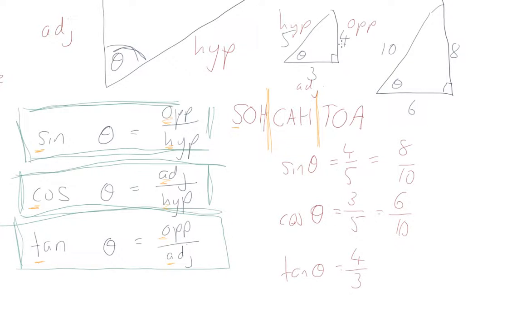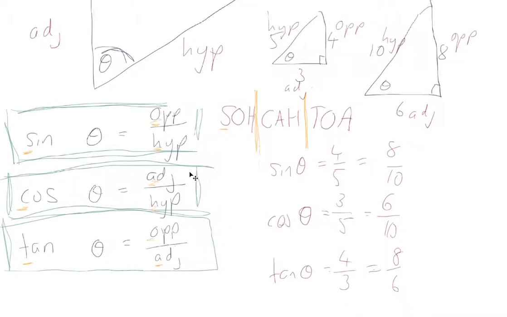On my bigger triangle, opposite is 8, adjacent is 6, so 8 on 6. And of course, 8 on 6 and 4 on 3 are the same thing, just simplified. So it's the same ratio, based on using SOHCAHTOA.